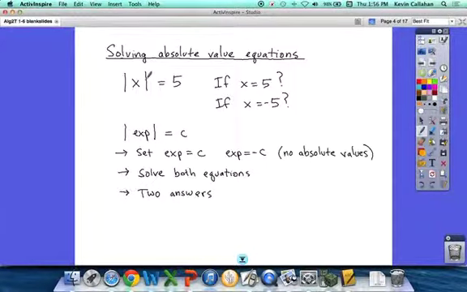So 5 equals 5, that's true, right? What if I put in a negative 5? Then when you take the absolute value, it flips the sign, and it's true. So whatever's inside the parentheses, it either equals this, or it equals the opposite of that, right? That's the way it works. It's either got to be 5 or negative 5.